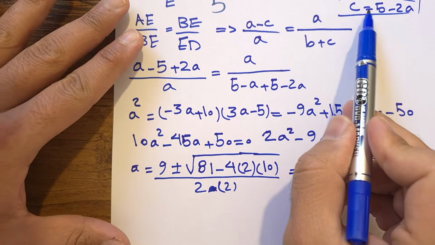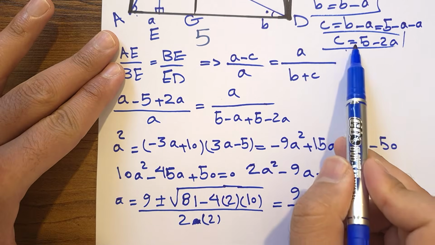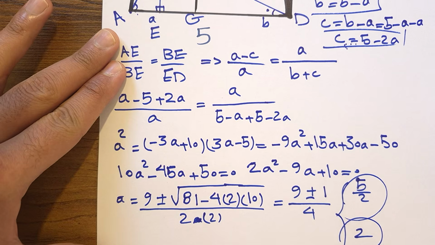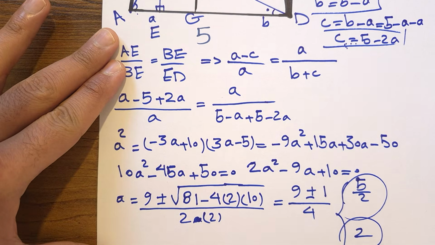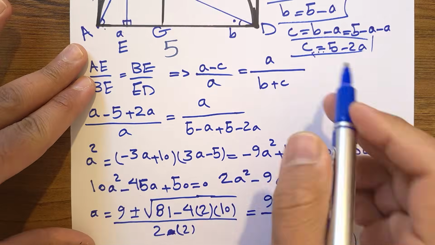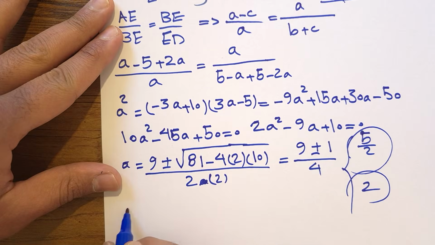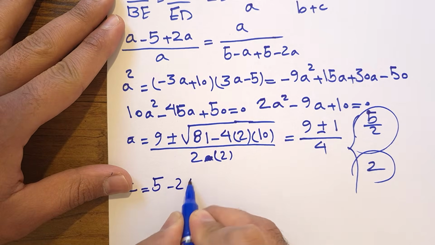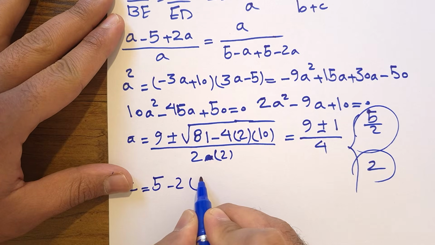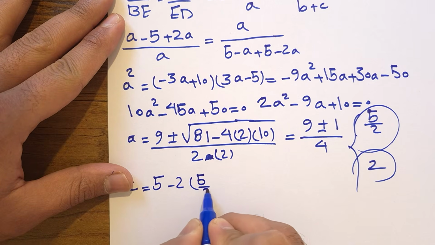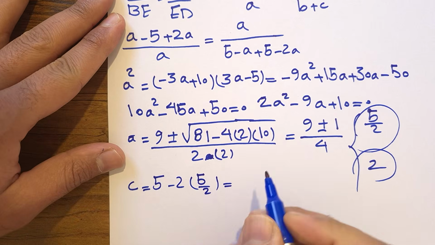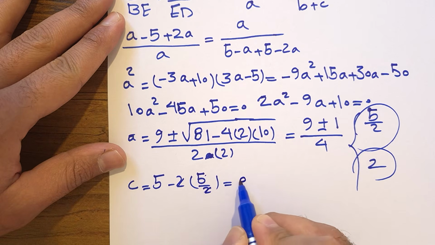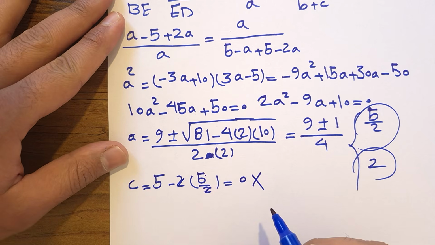So for example, from the formula of C, let's just substitute, for example, the first one. Let's see if it makes sense or not. So we know that C equals 5 minus 2A. So C equals 5 minus 2 times 5 over 2. The 2s cancel out, so 5 minus 5 is 0, which can't be the answer.